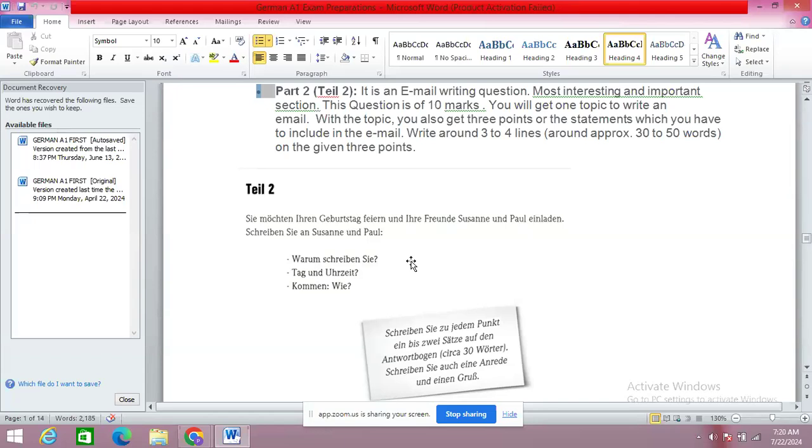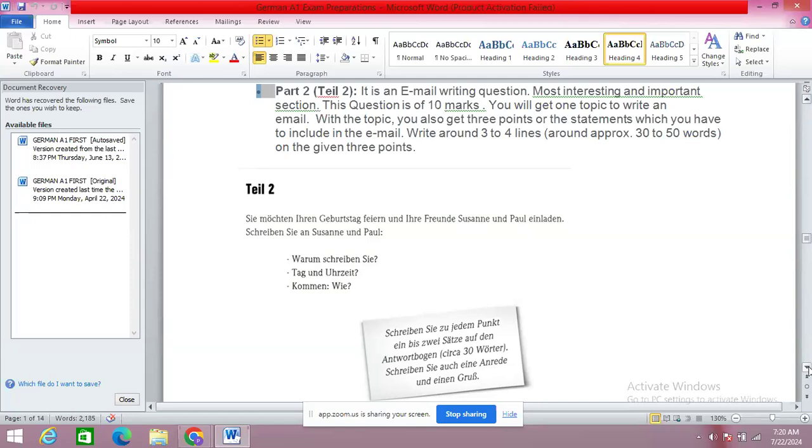The pointers given below are very important, and those pointers are usually why you are writing that email, when and where that event is, and what things a person has to bring to your party, whatever the occasion is. And the word limit is usually 30 to 50 words, which you need to follow in the email writing.